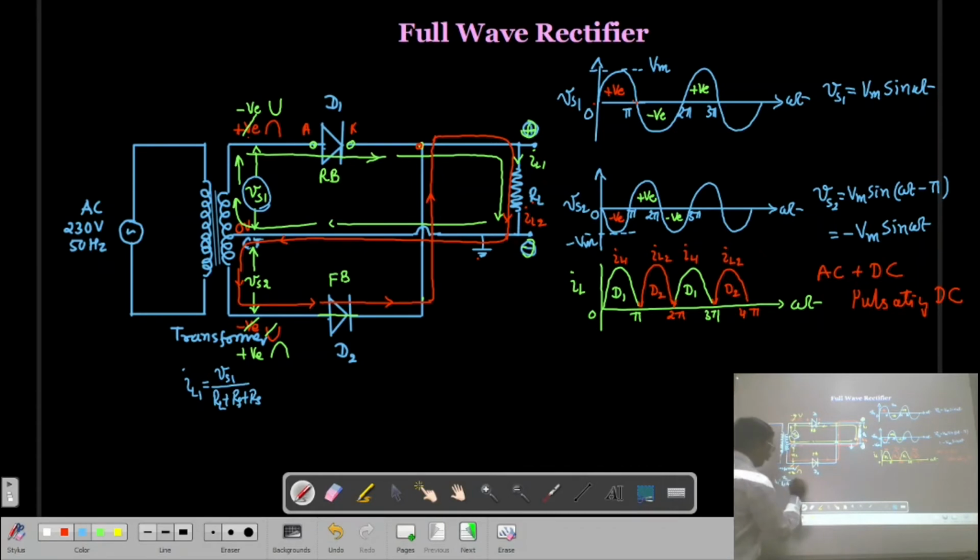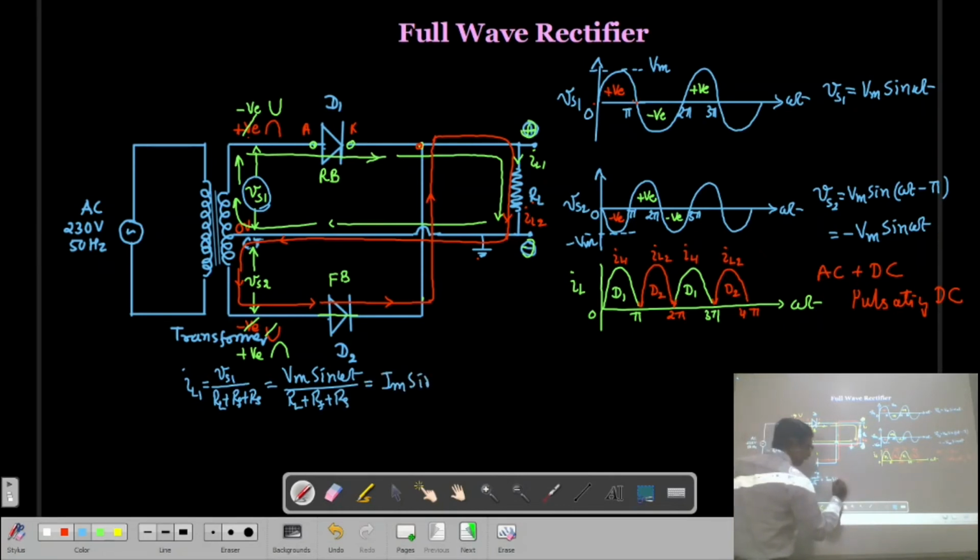Correct? And this is equal to Vm sin omega t divided by RL plus RF plus RS, and this is equal to Im sin omega t. But remember, this IL1 is present between 0 to pi only. So here we will write that this current IL1 is present if omega t is between 0 to pi.